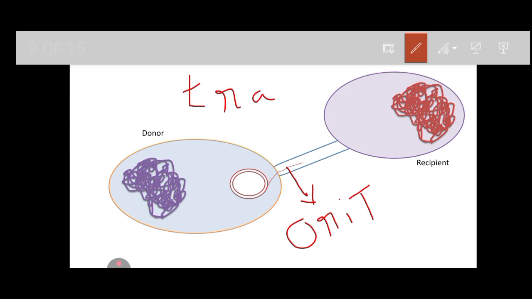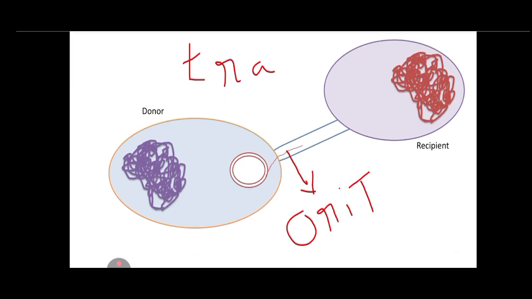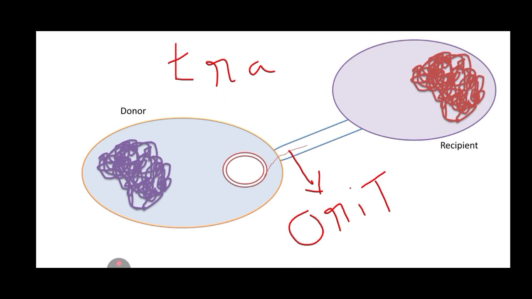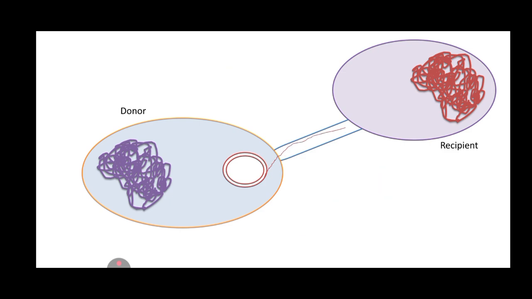A small nick will be formed in the double-stranded plasmid DNA near the ORIT site. After the nick is formed, a copy of plasmid DNA gradually passes through the pilus, right?